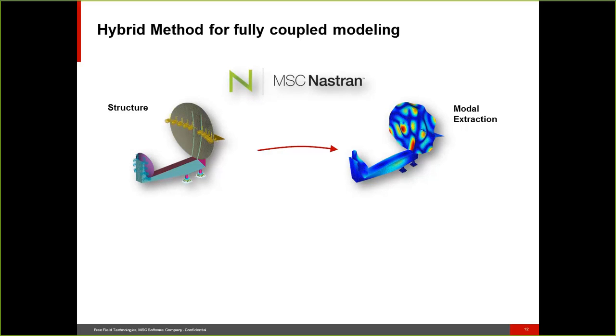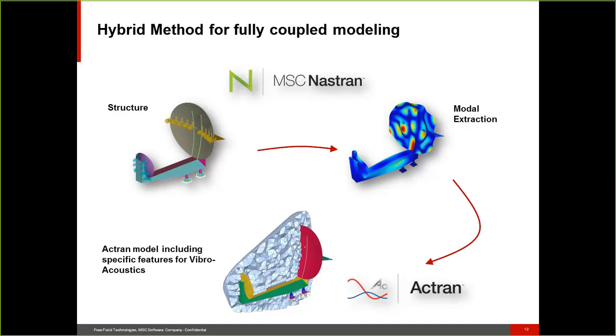The structure model and modes are then imported in Actran, and the model is made more complete by including specific acoustic excitation and components. Finally, a hybrid calculation is performed with Actran for a fully coupled vibro-acoustic study, including a structure in the modal coordinate system and acoustic components in the physical coordinate system.